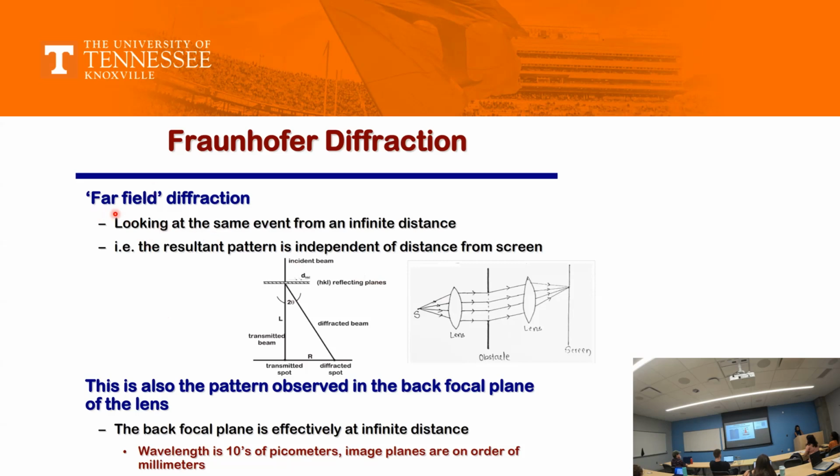And they say that all the diffraction patterns that we have have a resultant pattern which is independent of distance from the screen. Yes, this is also the pattern observed in the back focal plane of the lens.